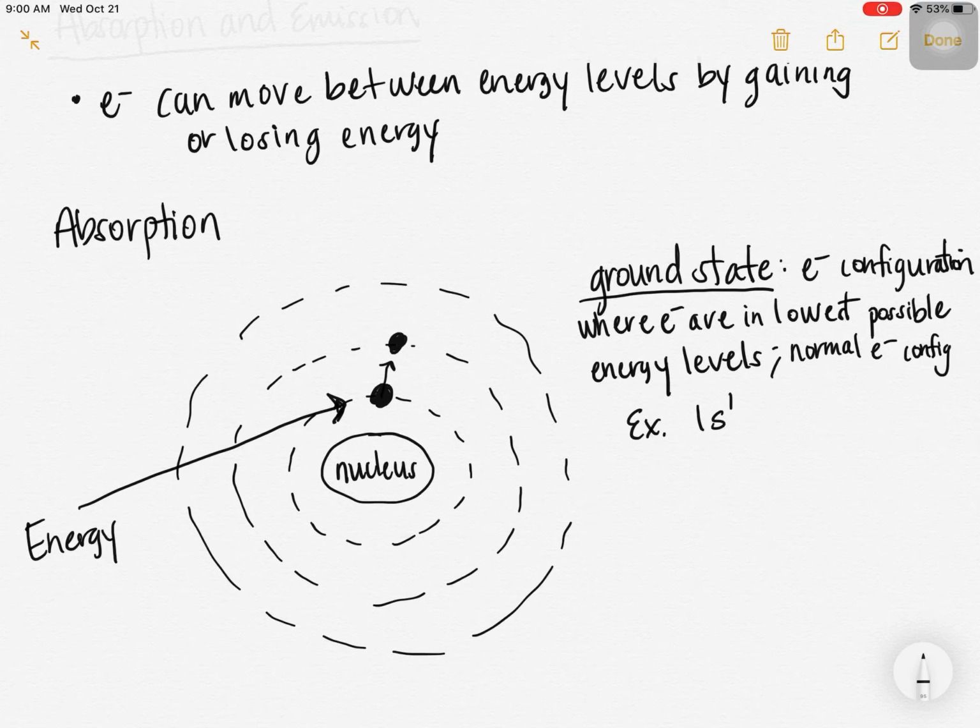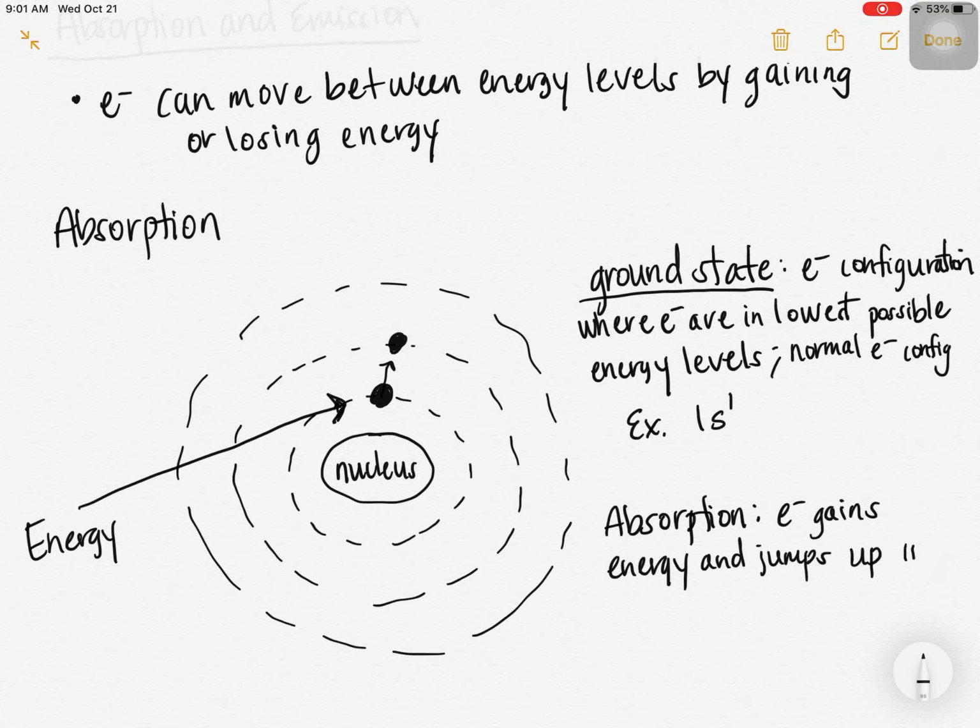So if we bombard this electron with energy, and that electron is able to take in that energy and then jump up to a higher energy level, this process is called absorption. Okay, so absorption occurs when an electron gains energy and jumps up in energy levels.